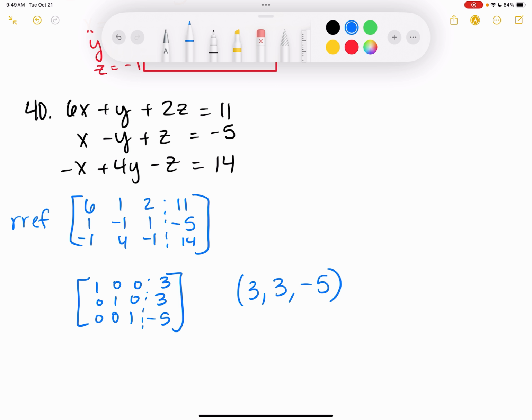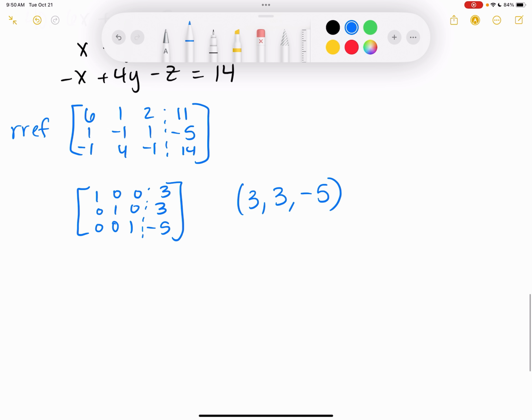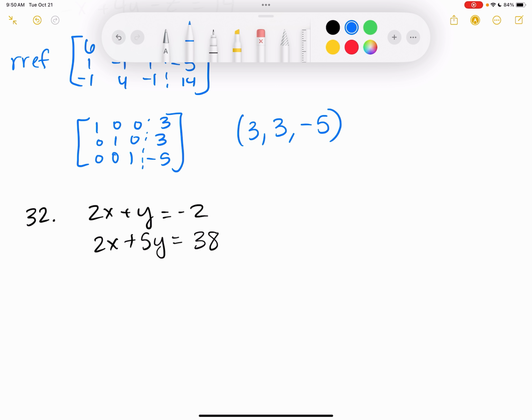It would just be 1 row and 1 column less. So if we had 2x plus y equals negative 2, and 2x plus 5y equals 38, I would have 2, 1, negative 2, 2, 5, 38. And then I would RREF that.